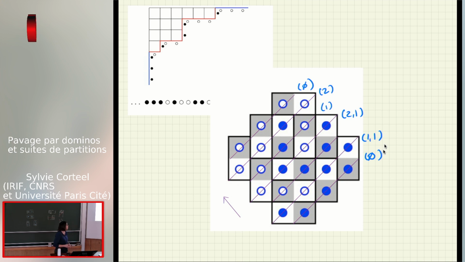Okay, but of course I cannot take any sequence of partitions. The way I can go from this partition to the next one is non-trivial.